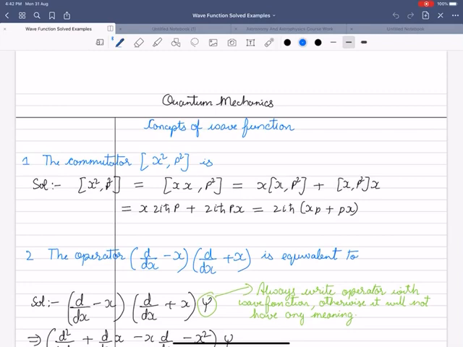In my first question, I have to solve the commutator x square comma p square. Here x is the position and p is the momentum.